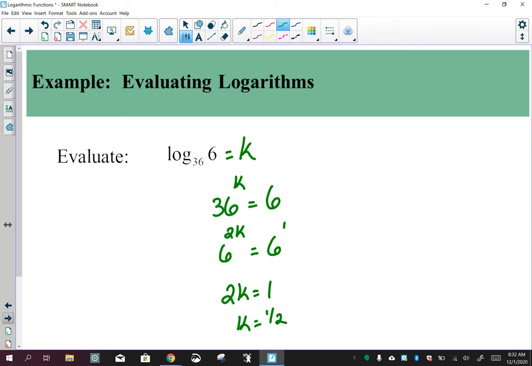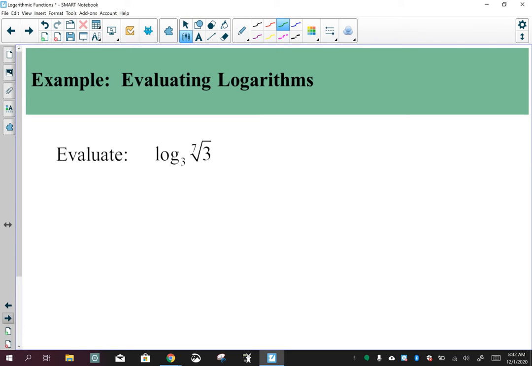All right. One more. Okay, so same thing. Let's go with a z. Z's are fun to write too. So I have 3 to the z power, and that equals 3 to the, now mind you, I'm going to rewrite this into an exponential form, 1/7.